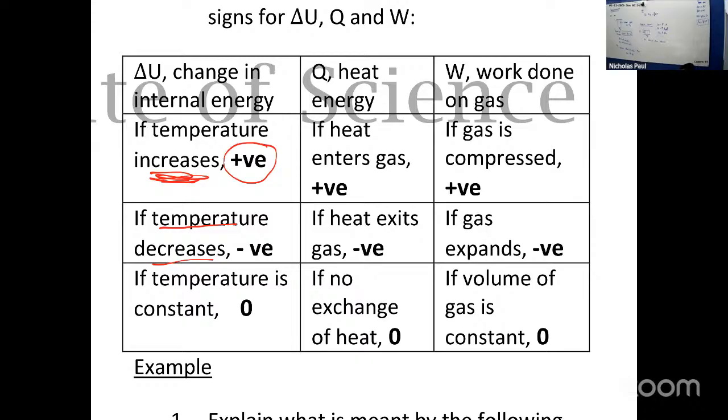What would happen if there's no temperature change? Then there is no change in internal energy. So there must be a change in temperature for you to end up with a change in internal energy. Everybody okay with that? Next one.